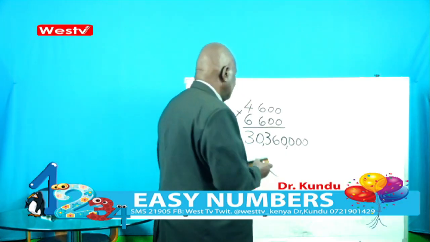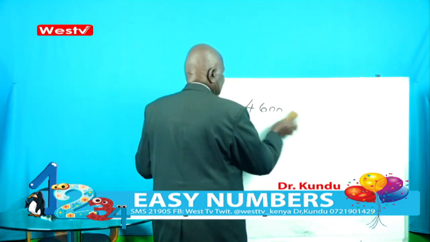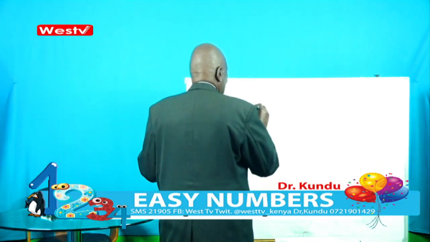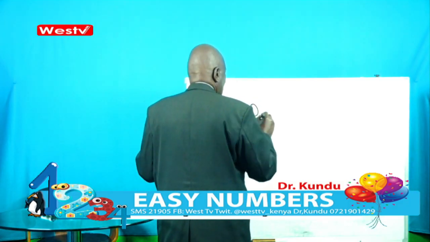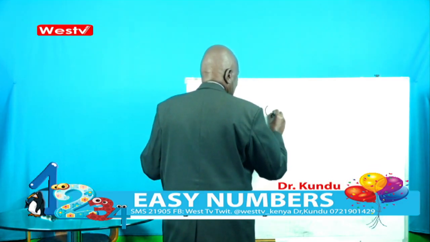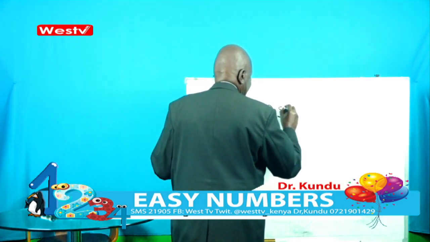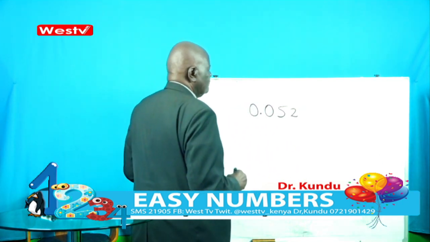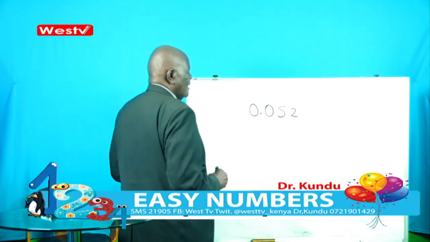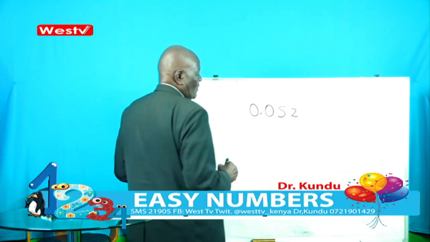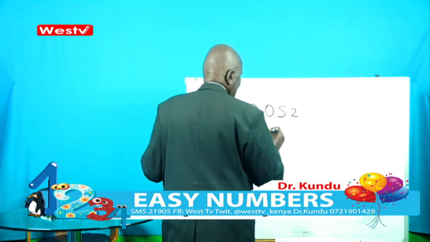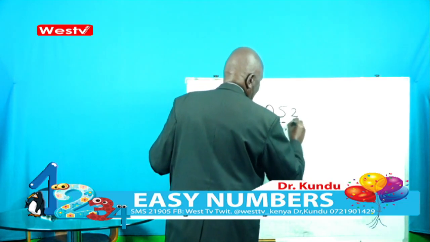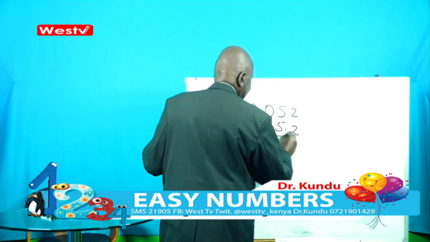The decimal numbers, let me take such an example that if one number is 0.052 and then the other number is also 5.2, and you are to multiply.